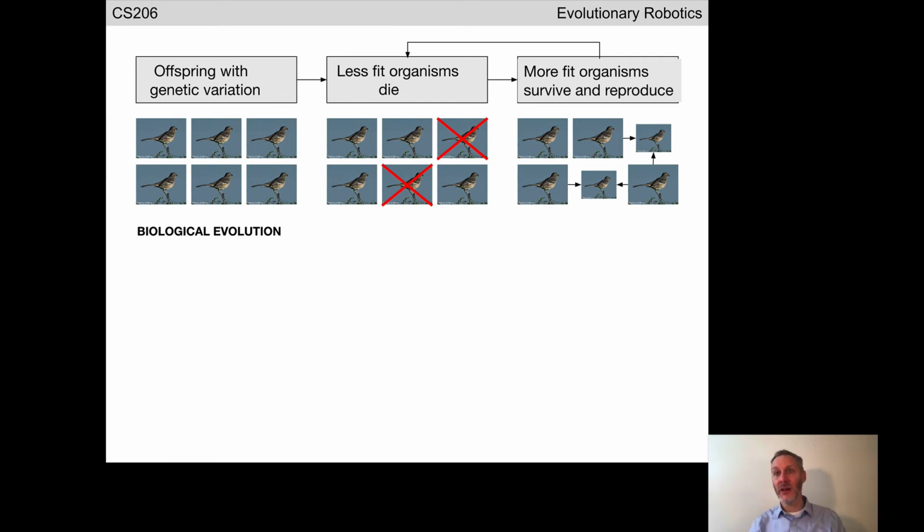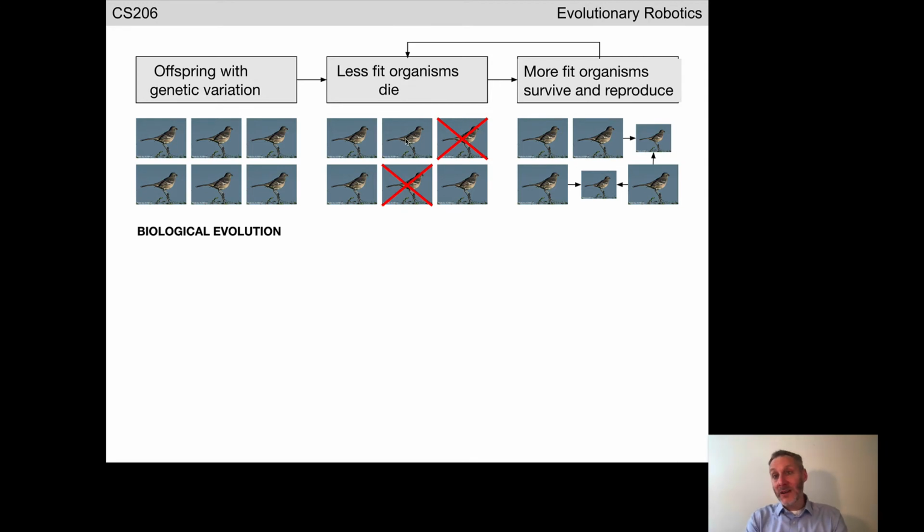What is an evolutionary algorithm? There are hundreds of different kinds of evolutionary algorithms. They all share one thing in common, which is that they are population-based. What do I mean by that? Well, if we look at nature, you can view Darwinian evolution as a form of an algorithm. We have a population of species. Those species have some genetic variation. That genetic variation dictates their anatomy and their behavior.